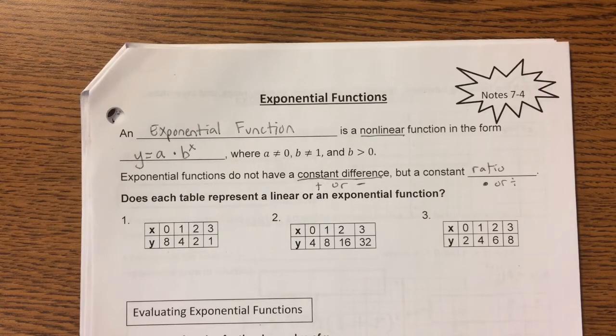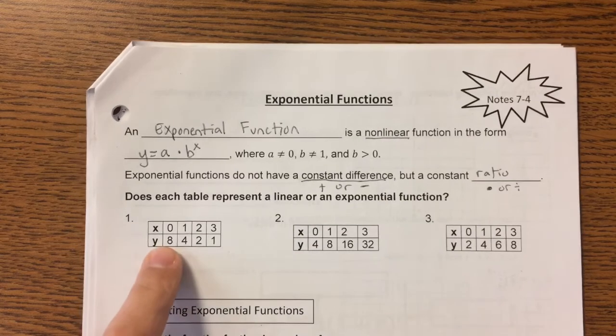If the rate of change is not constant, then we want to check to see if there's some constant ratio that we're multiplying by to get from one step to the next. If that's the case, it's exponential. Now, it might be the case where it's actually neither, and it's just sort of random, or we don't know what the pattern is yet.